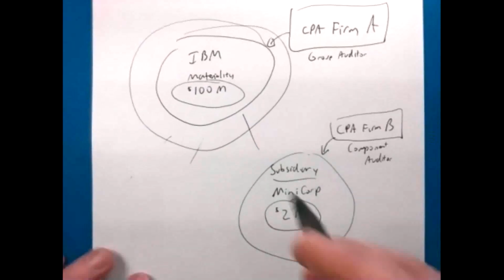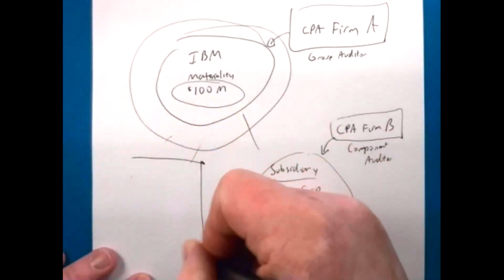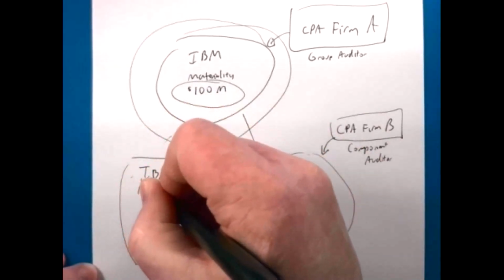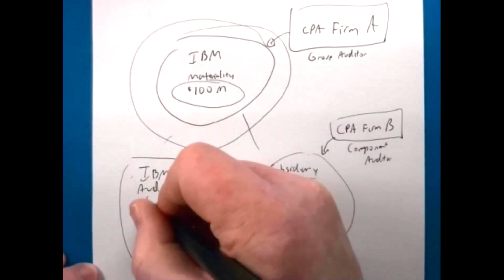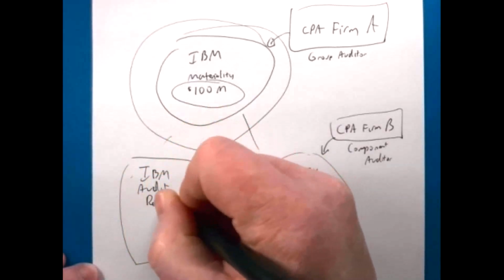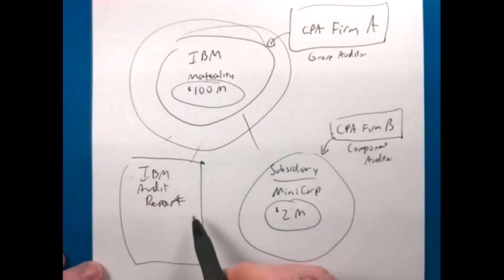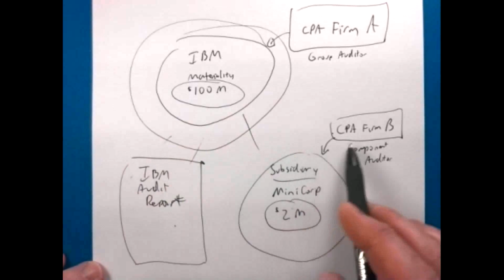Now, when they do the audit report for IBM, they have a decision to make. Are they going to put in that audit report that another CPA firm was involved?